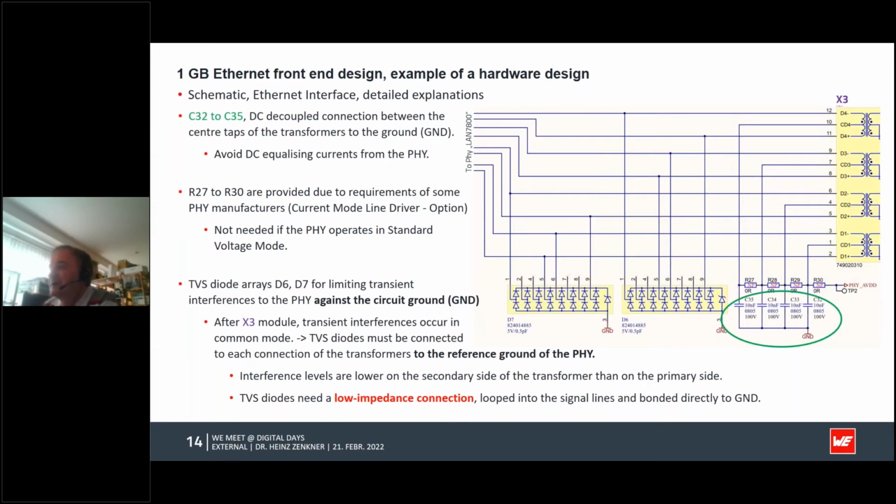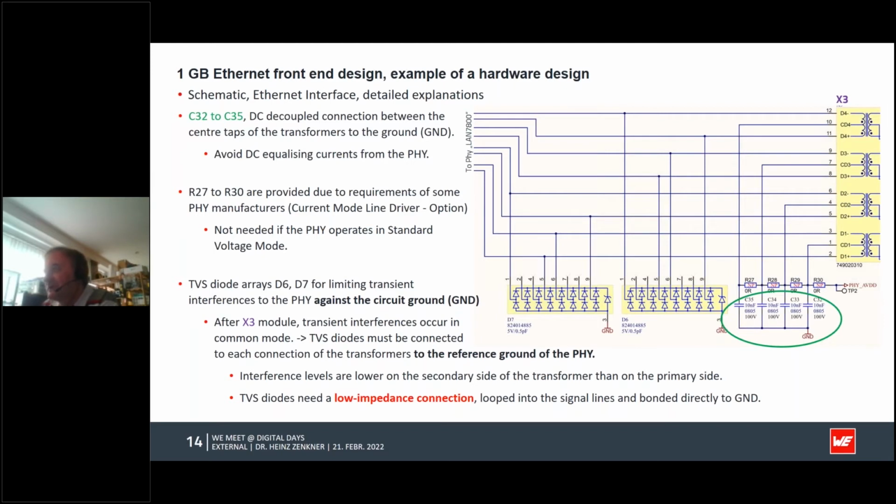So depending on the Phy you have, it is normally described in the specification of the controller you use. In case the controller works as a current mode line driver, then you may need to populate the 0 ohm resistors and connect them to the voltage supply of the Phy.